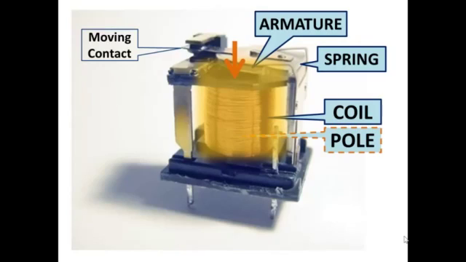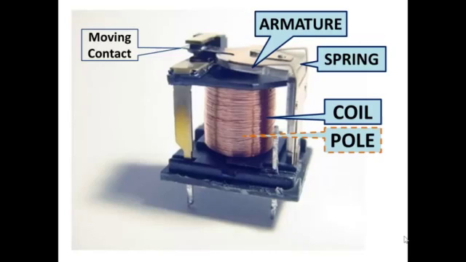As the armature travels towards the coil, the moving contact travels as well. When the circuit containing the coil is opened, that is, turned off, the magnetic field collapses and the spring tension is now the dominant force, and the armature and the moving contact move away from the pole piece.